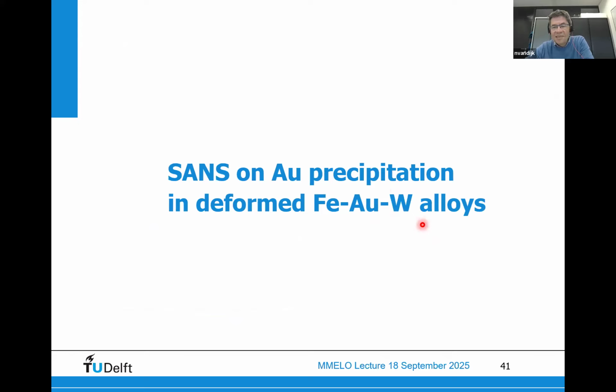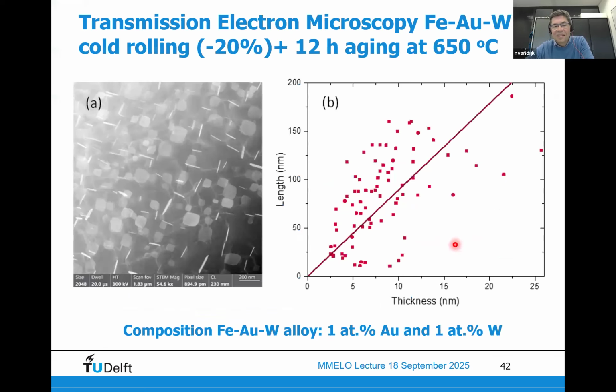So one last example where we added additional tungsten and then did cold rolling rather than tensile deformation. In that case, we see this picture. We see all these plate-like precipitates, and they actually only occur in 3 different orientations with respect to the BCC iron matrix.